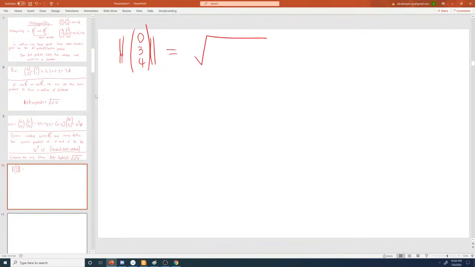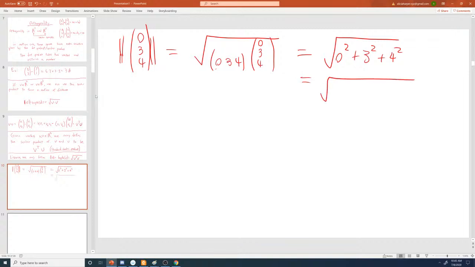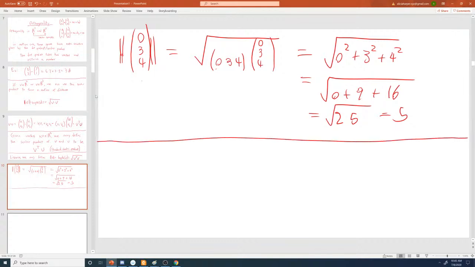Well, this will be the same thing as the square root of the row vector (0, 3, 4) matrix multiplied with the column vector (0, 3, 4), which will be the same thing as the square root of 0 squared plus 3 squared plus 4 squared, which is the square root of 0 plus 9 plus 16, the square root of 25, which is simply 5. So we have successfully computed the length of this vector. And you've surely done calculations like this in a multivariable course at some point in your life.